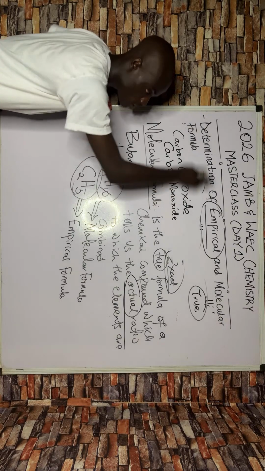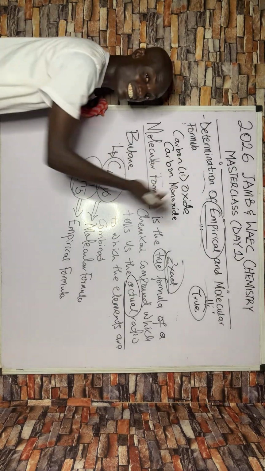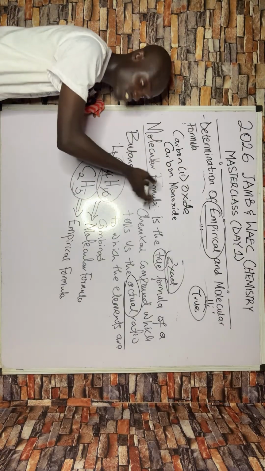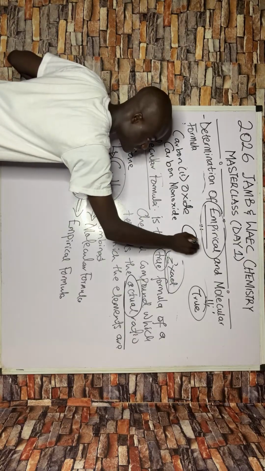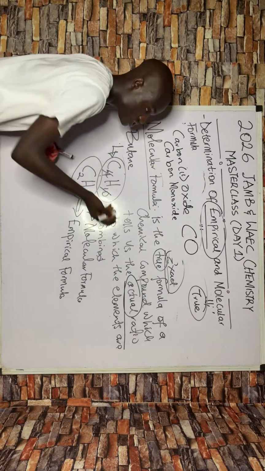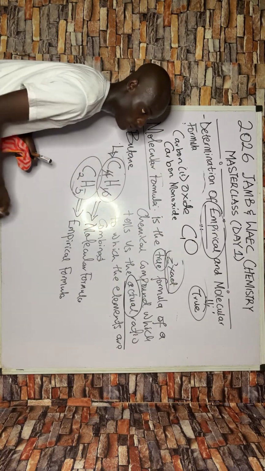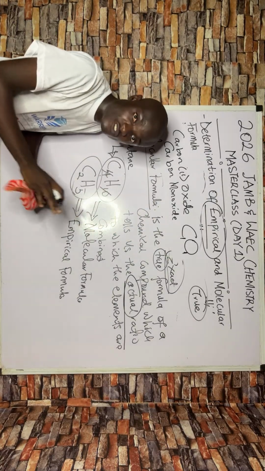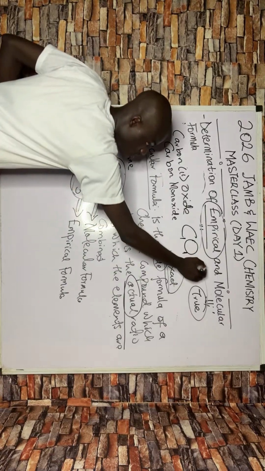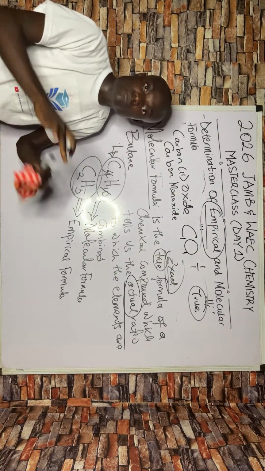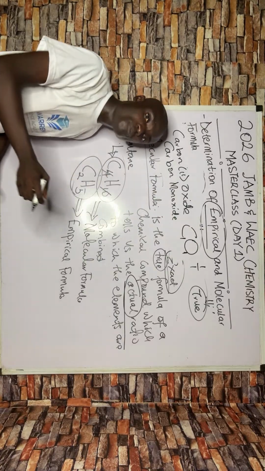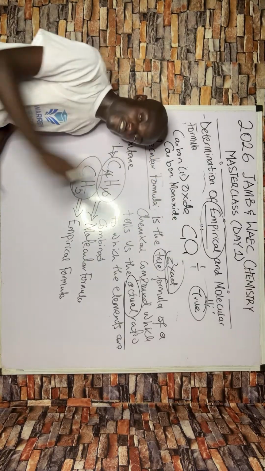Both names are for the same compound, just like this is the IUPAC name and this is the old name. So this compound is written as CO. So CO simply means that we have one carbon, one oxygen. So this is already in the simplest form. We cannot break this down, just like having 1/1. We can't simplify this further. So this is the molecular formula. This is also going to be the empirical formula.